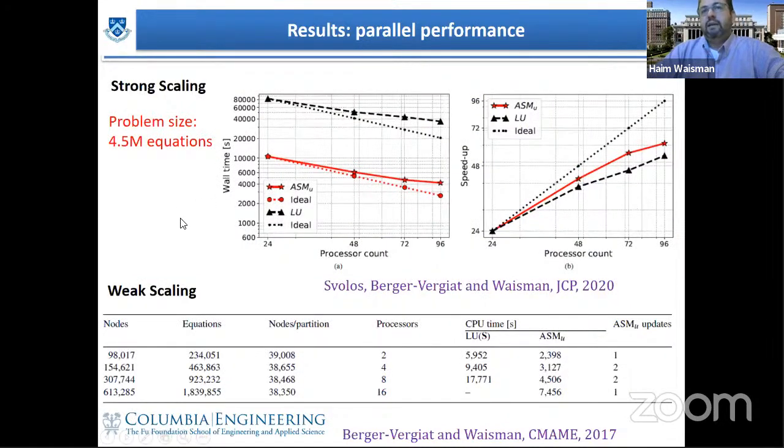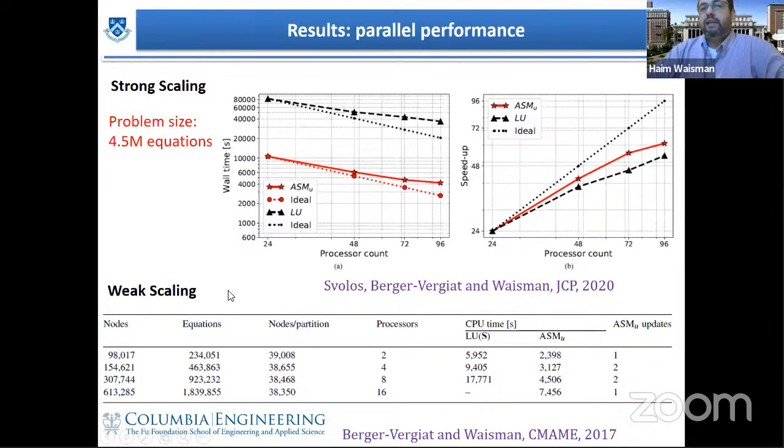This is, for example, an example of a crack that is propagating, a shear band that is propagating, and this is the partitioning into processors. And here I'm showing some solutions where we have strong scaling and weak scaling. The problem size has reached up to 4.5 million equations, and we have used 96 processors to show that our method, shown in red, scales much better than an LU decomposition.